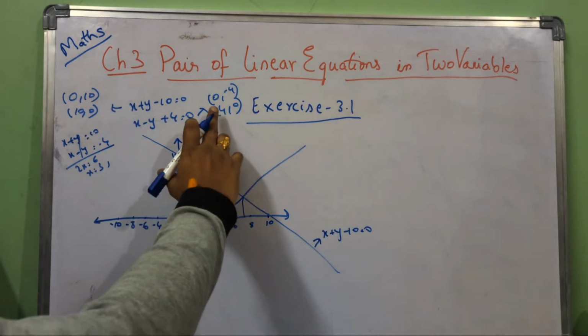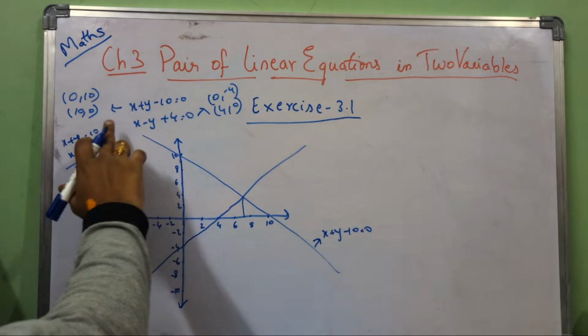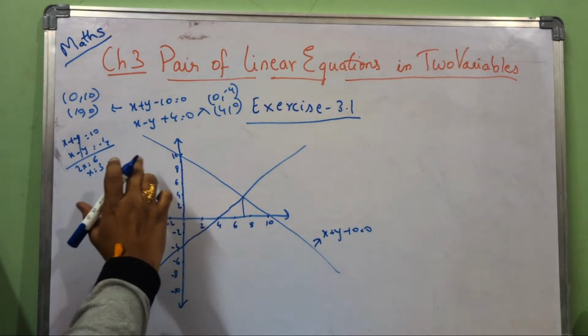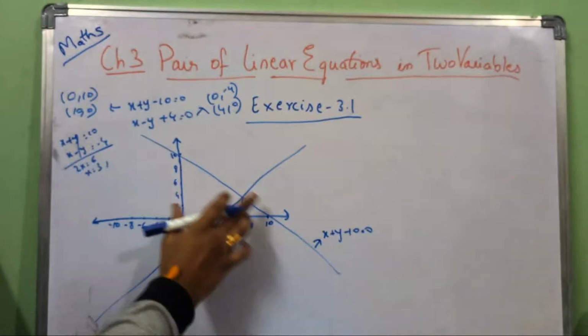Cross check the equation. x plus y equal to 10, so 0, 10 and 10, 0. This is the first line.